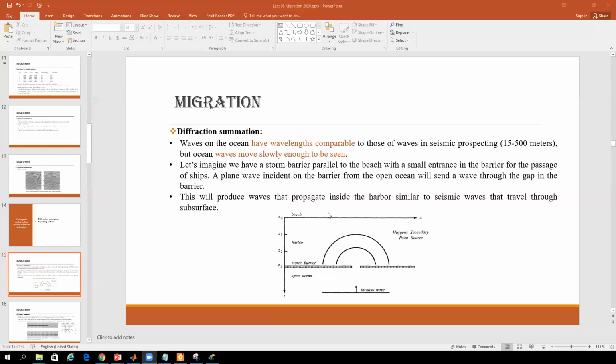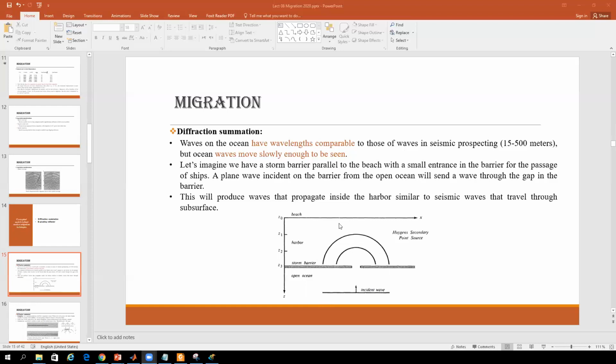We will start with an example. We have here, for example, a harbor, or an area which is close to the beach. Imagine that we are living near the beach, and there is a barrier which is separating the ocean from the harbor or the port.